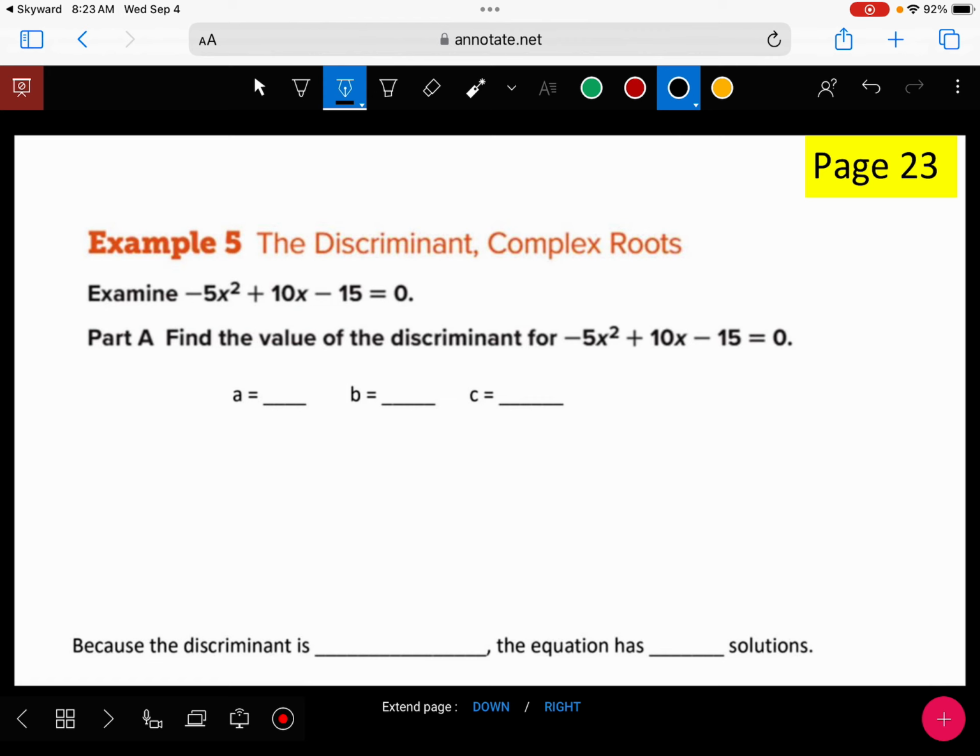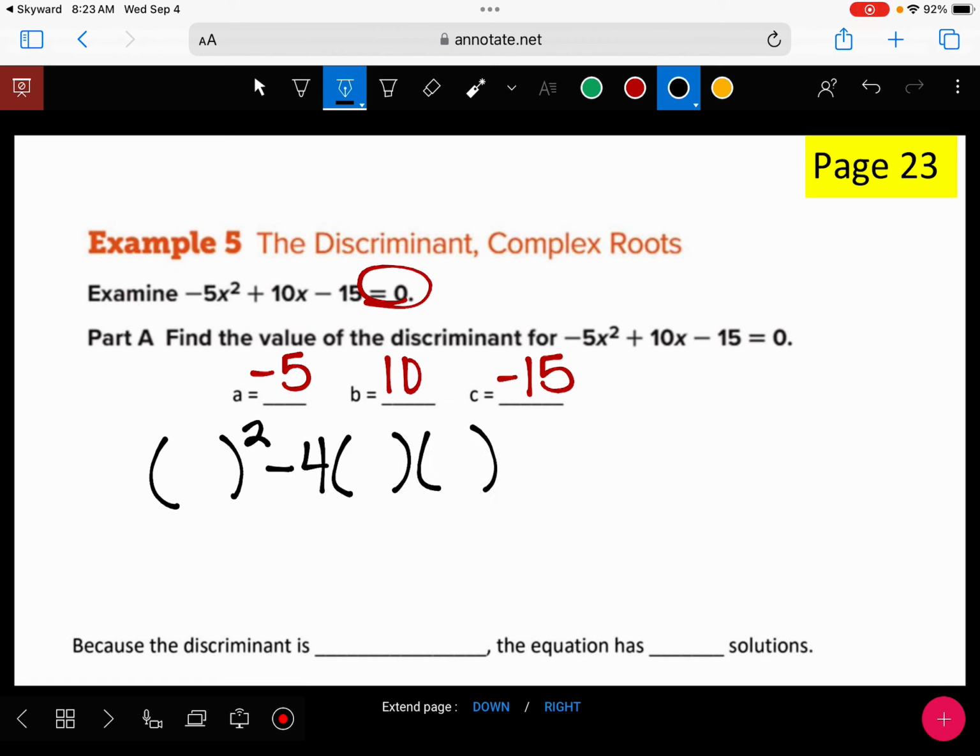This one is already set equal to 0. So A is -5, B is 10, and C is -15. So we have b squared minus 4ac. Type that in your calculator.